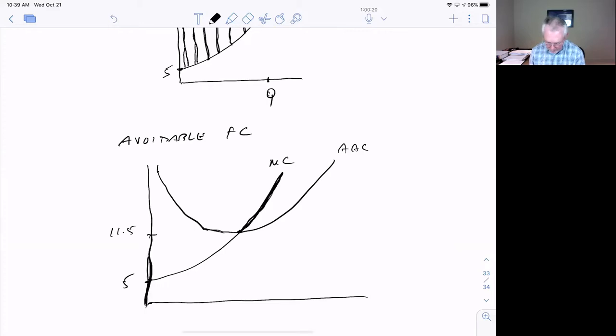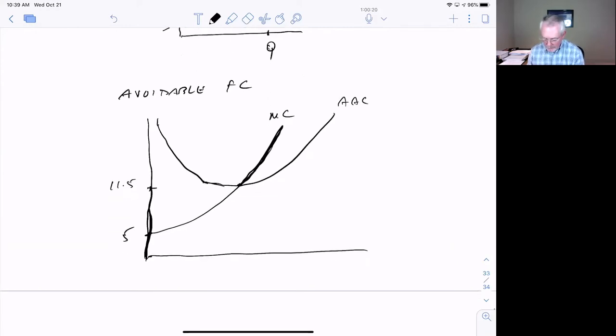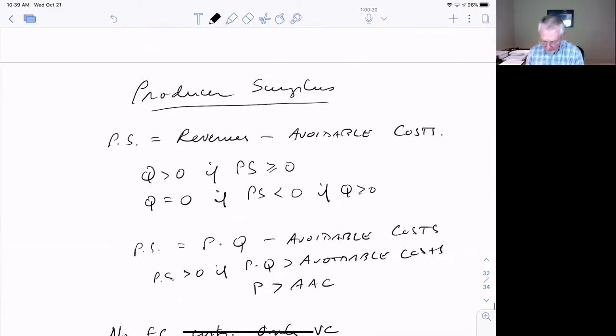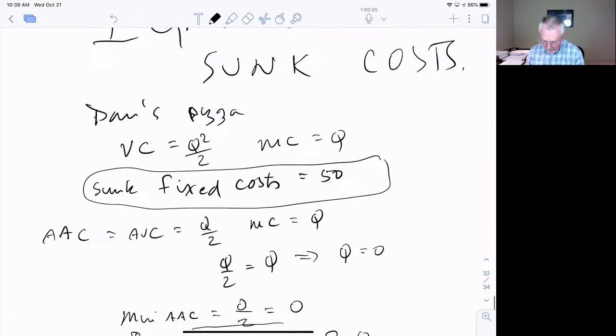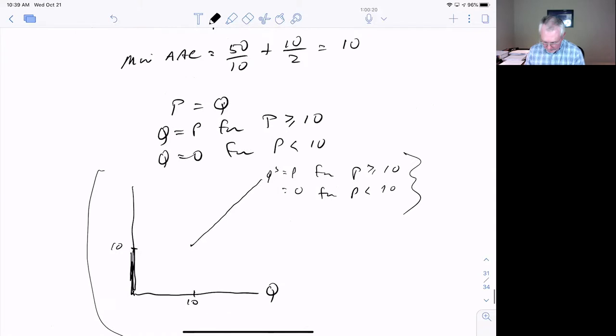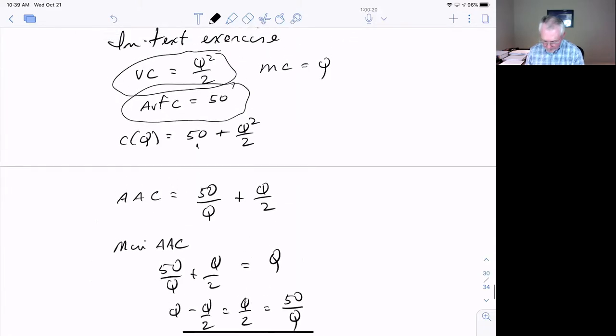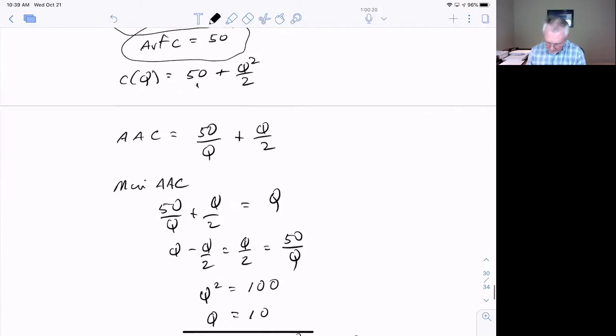It's 0 for any price less than 11.5, and then it became positive. What did we figure out that quantity was? I don't remember, but let's put it in there. Oh, 260.